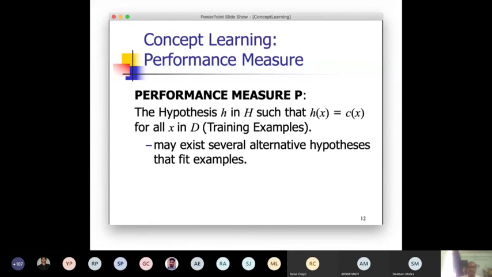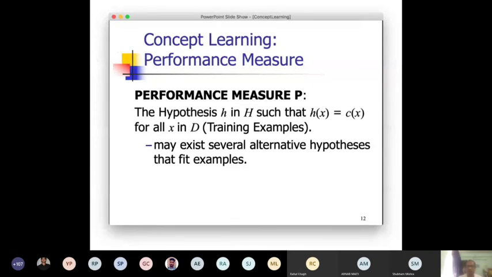In fact, there may exist several alternative hypotheses. I have already mentioned very trivial examples. In this case, as you can see, you have the conjunctive normal form, so you are not allowing any disjunction.